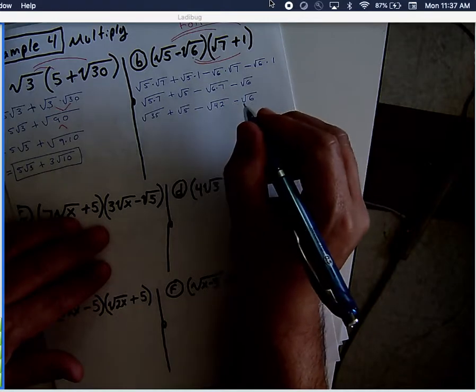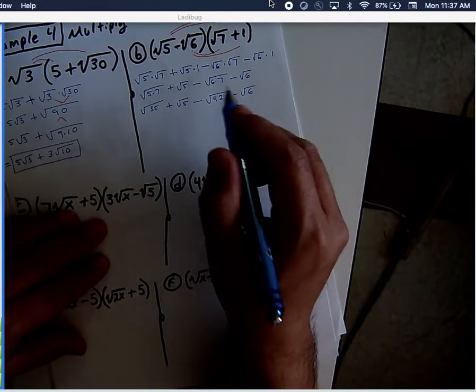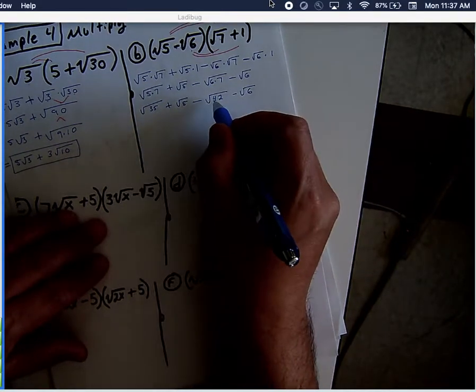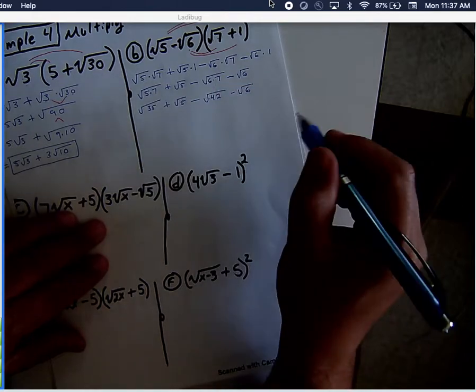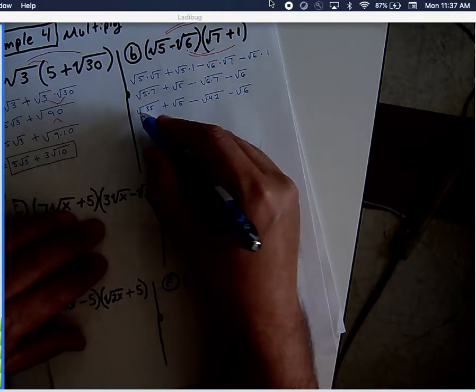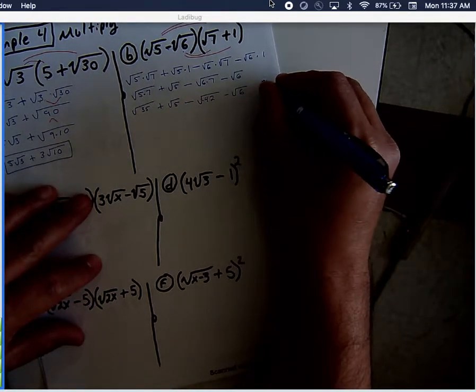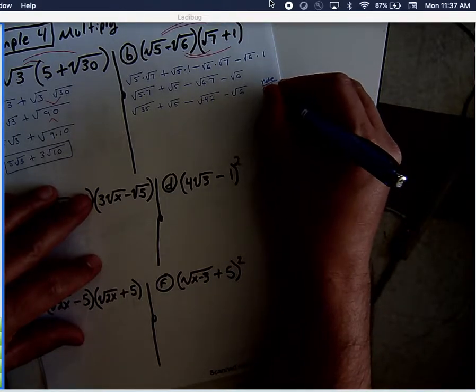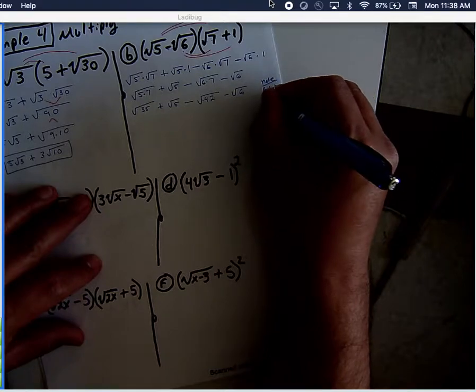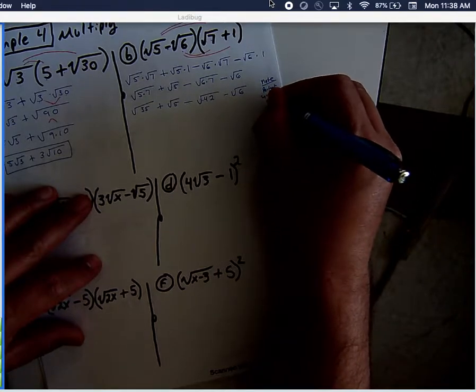Okay. So now what? Now you need to see if some of these things can be factored out. I can tell you the perfect square roots, so I'm going to write them over here. Perfect square roots.